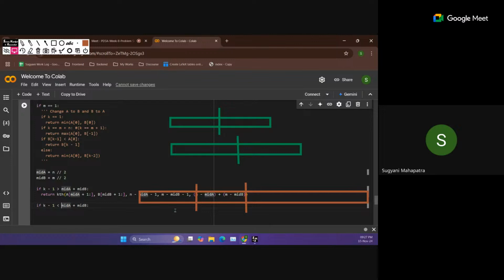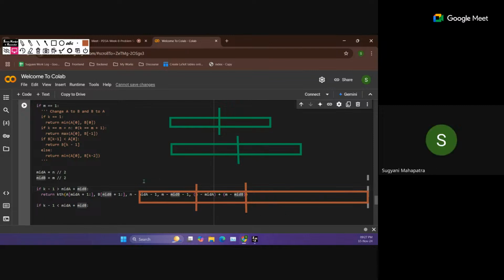This condition is slightly wrong, right? We want to look into this right half. So what will be this part? This will basically be middle of A plus middle of B. Yeah, this part is correct. This part is fine, right?